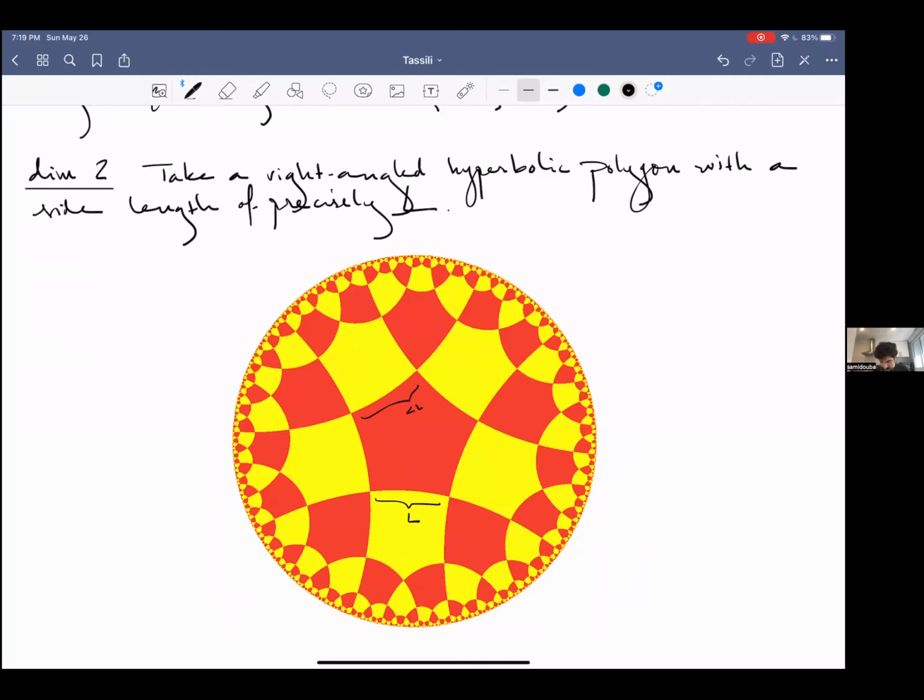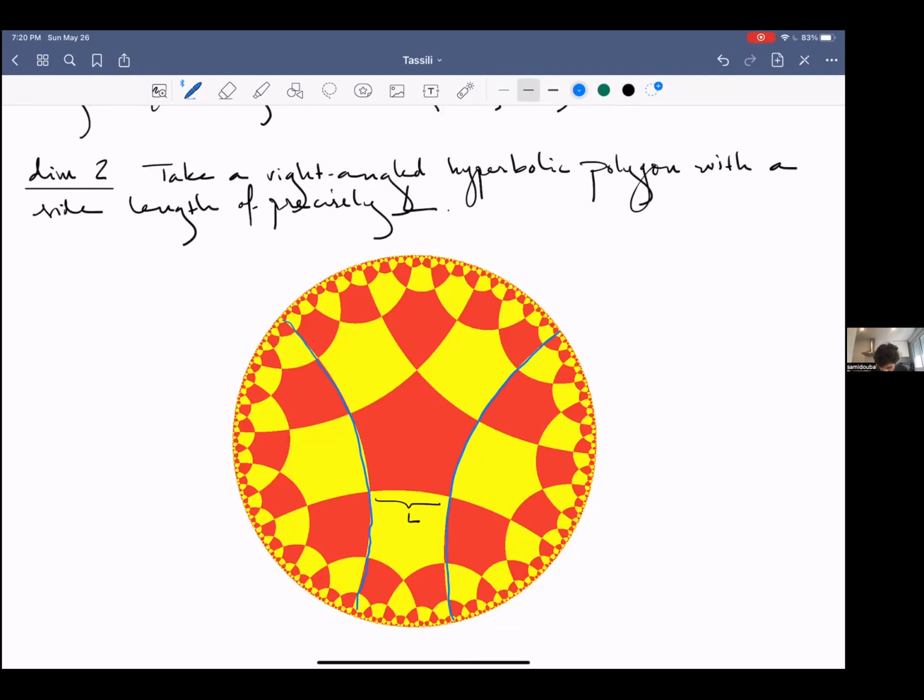So now what I'm going to do is, these are going to project to surfaces sigma 1, sigma 2 as desired. And in order to do that, I'm going to take bananas. So there'll be bananas. These will be hyperbolic metric neighborhoods of width L, centered at these blue geodesics.